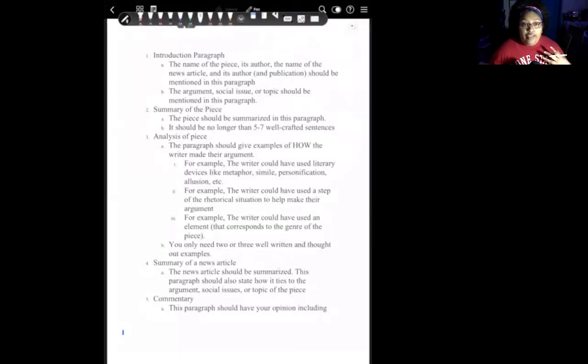So what you have here are essentially five big paragraphs. You have the intro paragraph, the summary of the piece, the analysis of the piece, the summary of the news article, and your commentary. So you're probably going to wonder right now, how does this all look in practice, not just in hypotheticals as you're explaining this?